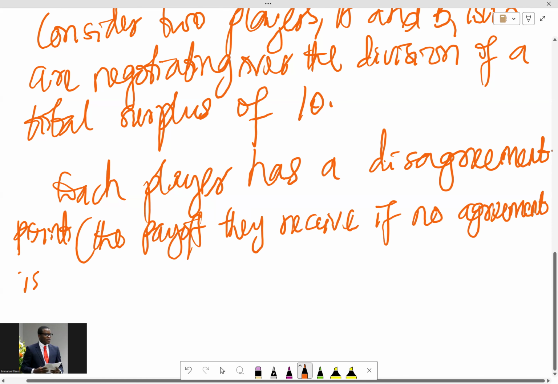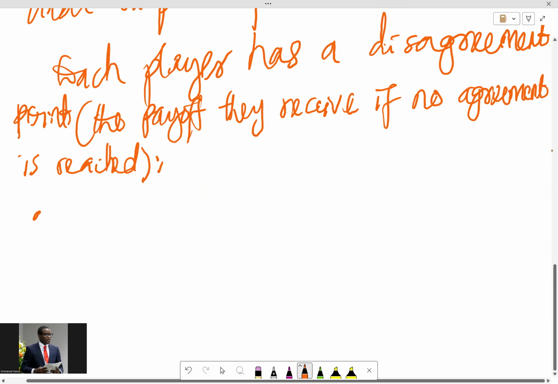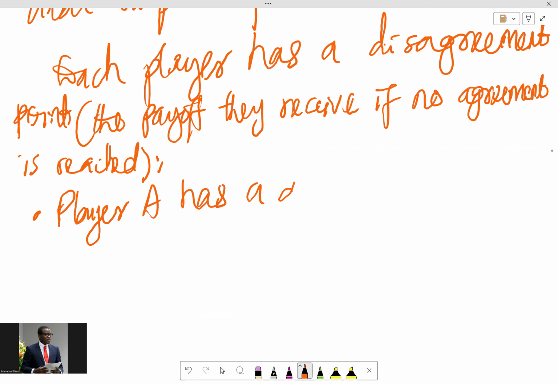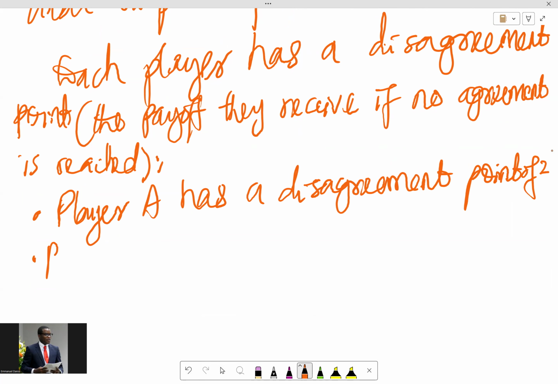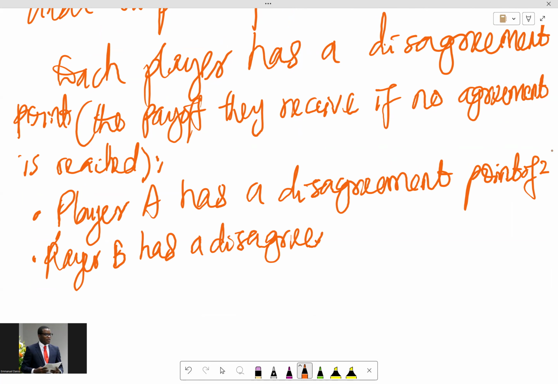Let's imagine that player A has a disagreement point of 2, and player B has a disagreement point of 3.